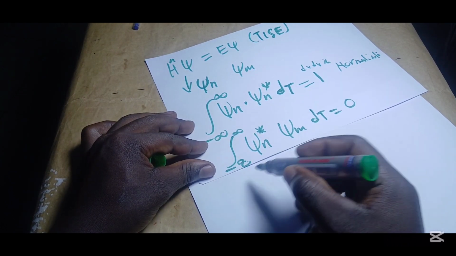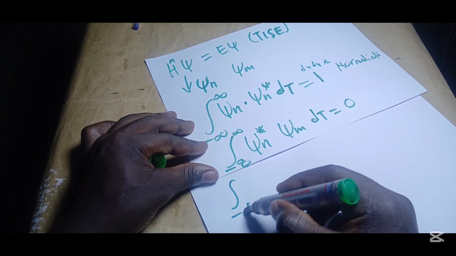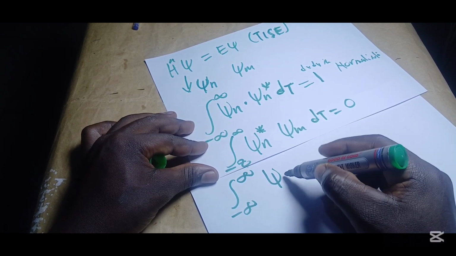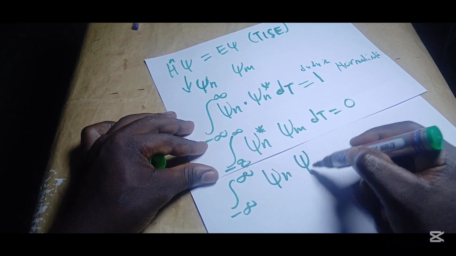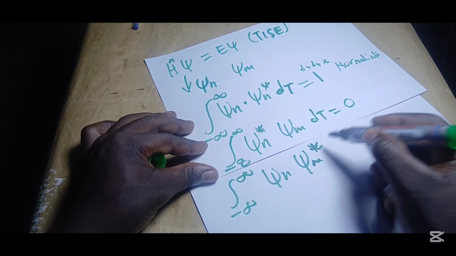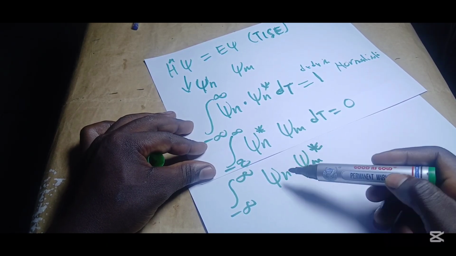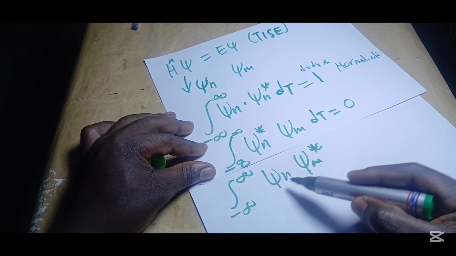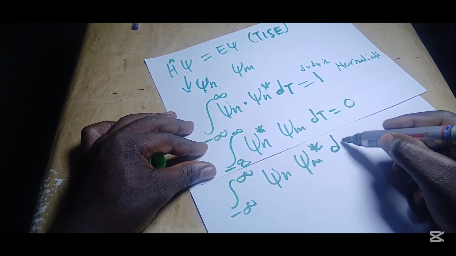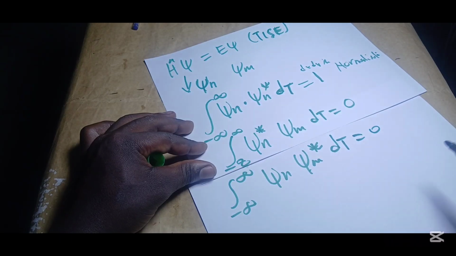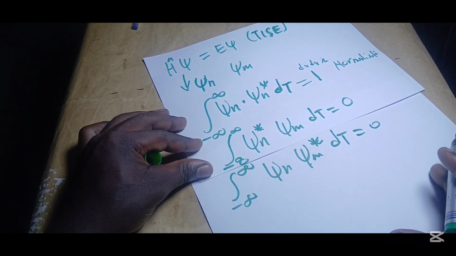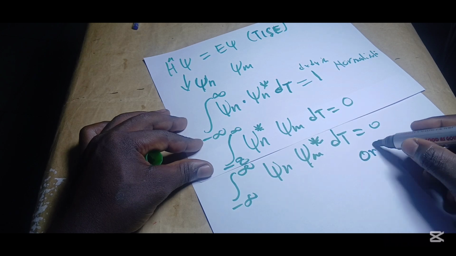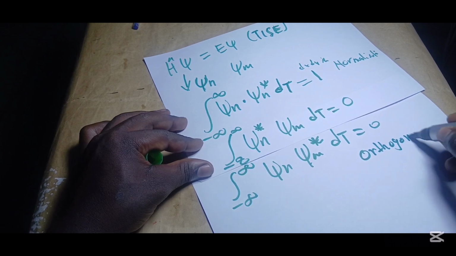We can also write it such that psi m is the complex conjugate and psi n is the normal wave function. So these two wave functions are different, but finding the probability density of the two of them gives us 0. Then we can say that the two wave functions are orthogonal to each other.